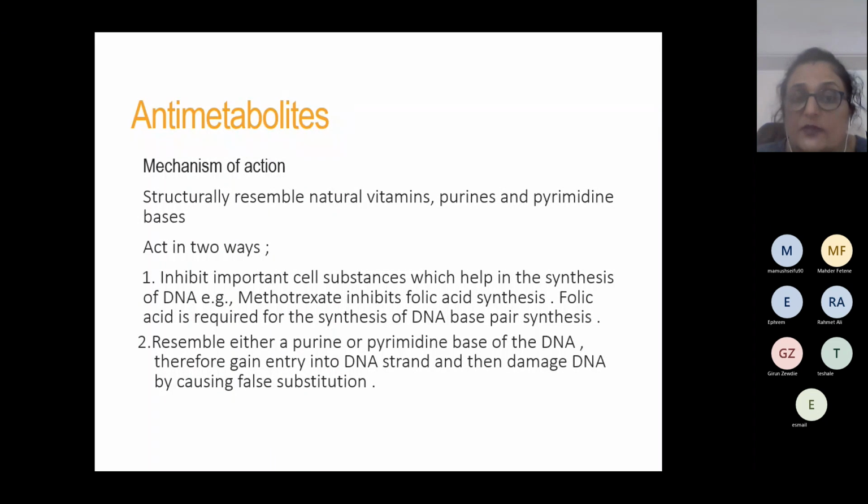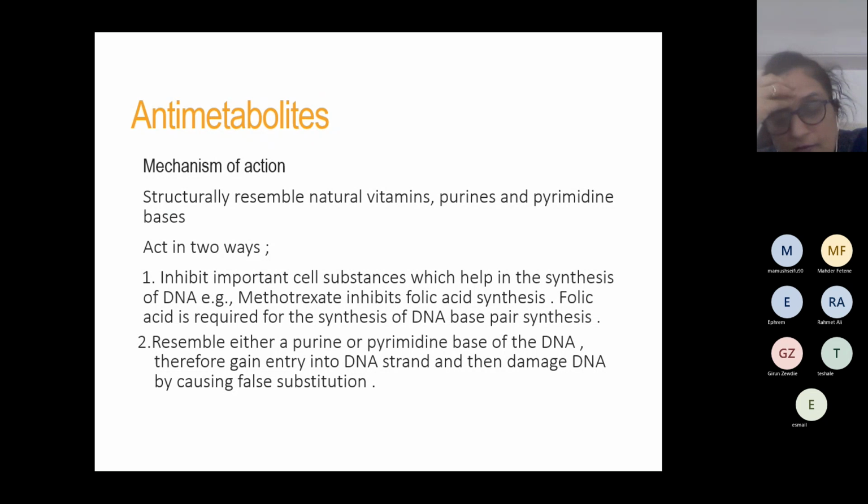So these antimetabolites have a structure which is either similar to a natural vitamin or a purine or a pyrimidine. So how do they act? They inhibit important cell substances which help in the synthesis of DNA.